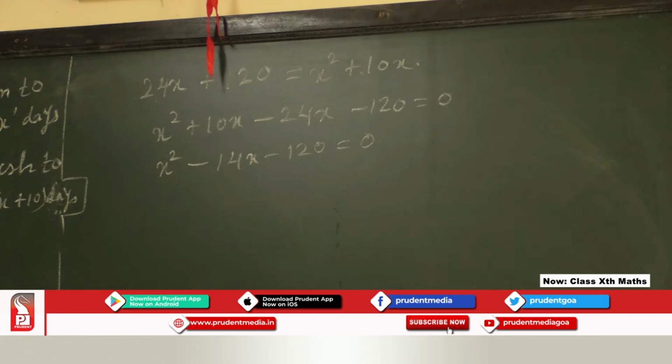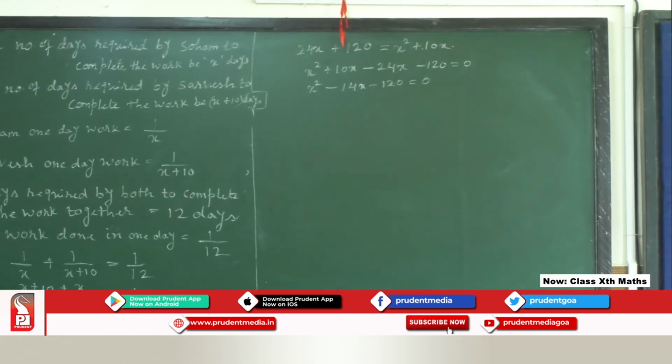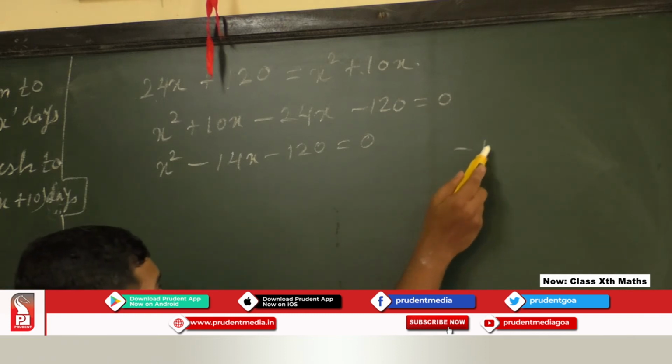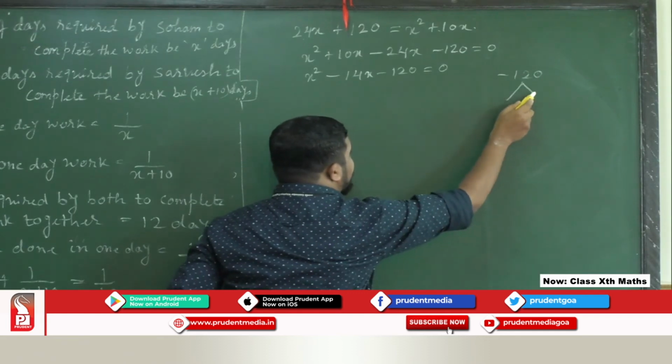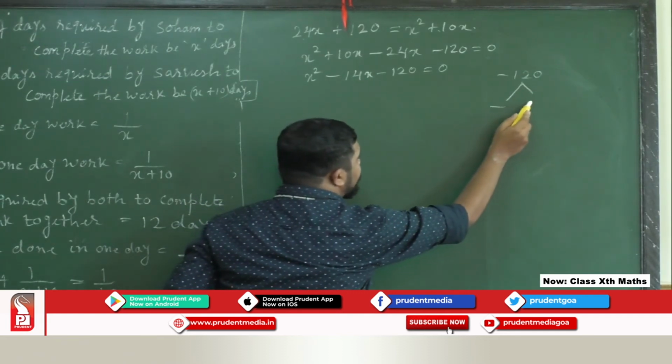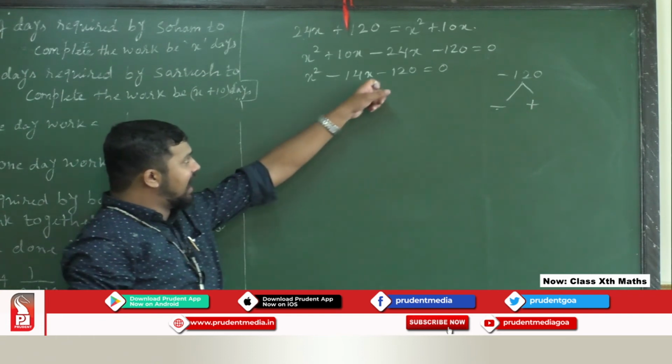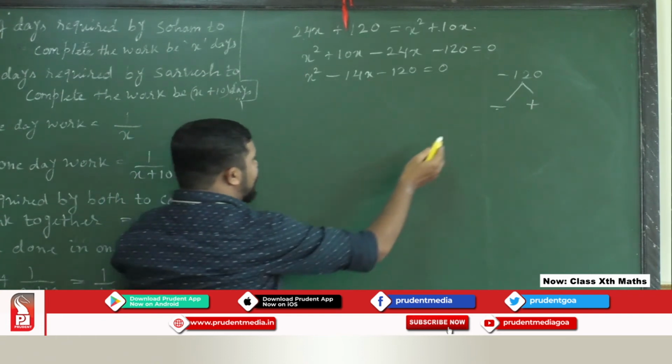So now use any method and find out, either by quadratic formula or by factorization method. Let us use the factorization method because you use quadratic so many times. So minus 120: factors of 120, one negative, one positive, because negative into positive is negative. If the last term is negative, we increase the number by 1.